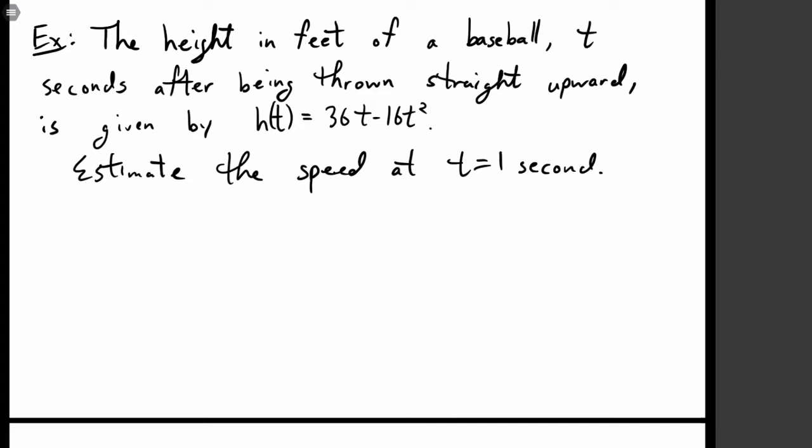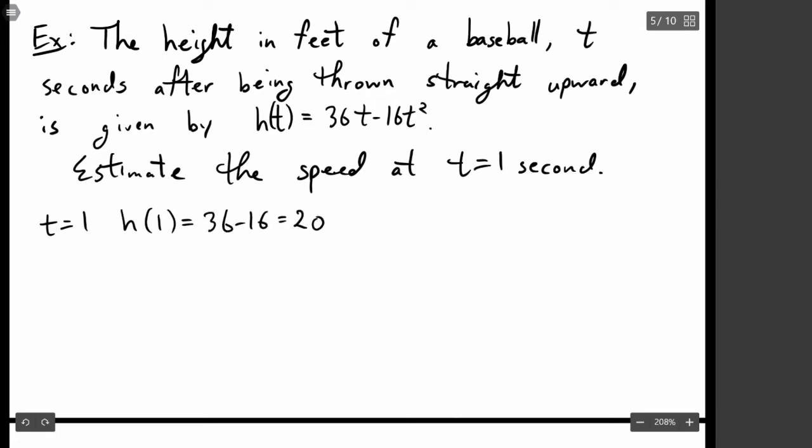So we could say, well, let's look at it when t equals 1, the height of the ball is 36 minus 16, 20. When t equals 0, the height of the ball is, of course, 0.